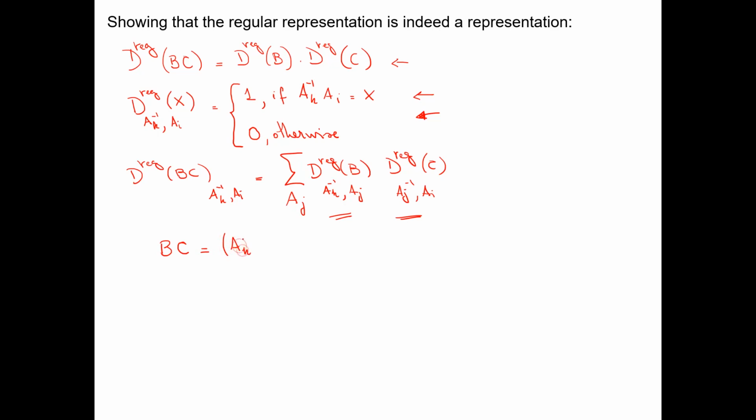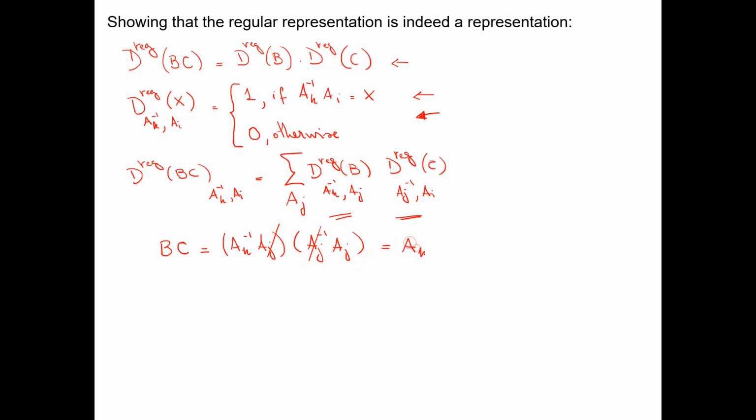A_{k-1,j}, which is the first member of this first factor of this product, and A_{j-1,i}. You can see this cancels with that.